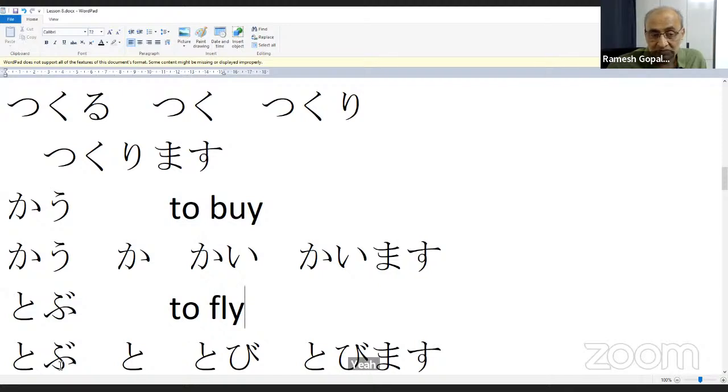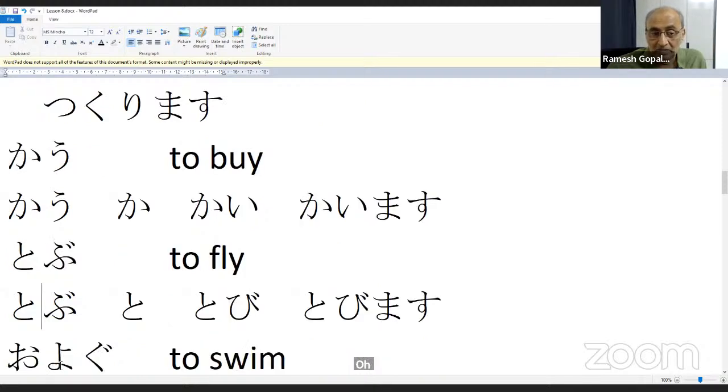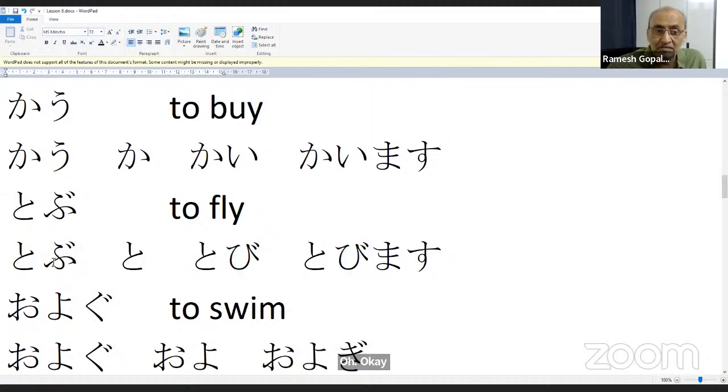Tobu. Drop bu. You're left with to. What is the corresponding e sound for bu? Bi. And then add mas. You get tobimas.